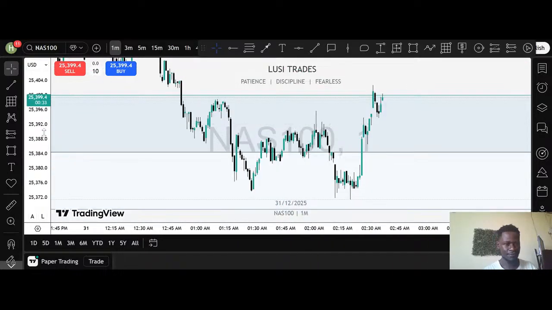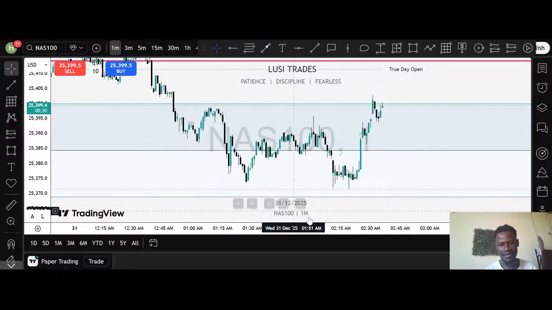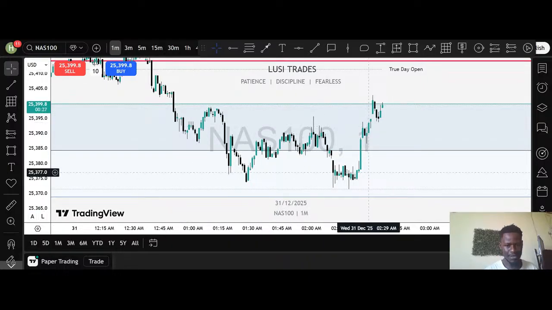This 25 quadrant level, what you can see happening is that immediately we left this low, speed and distance, fair value gap, return into this fair value gap, close above, and then give us this fair value gap and also some void here.